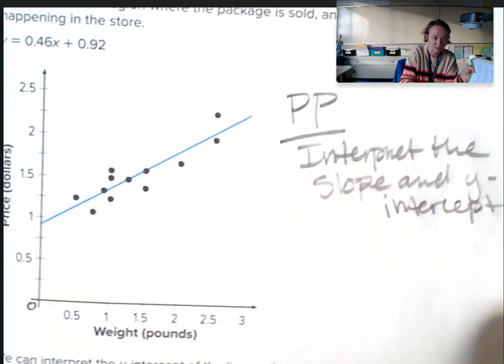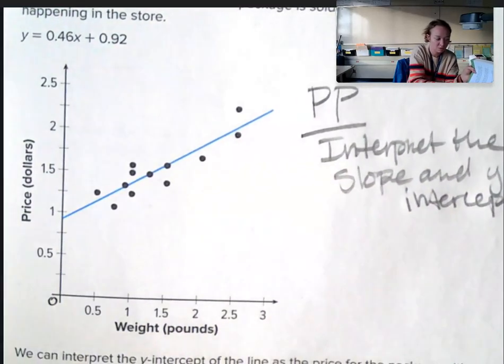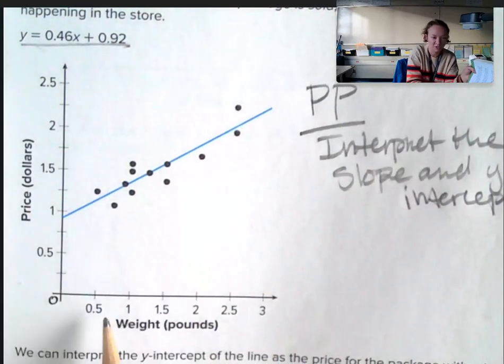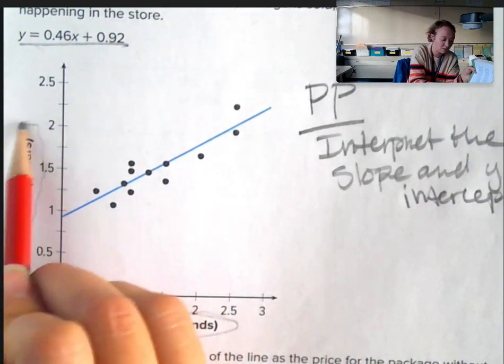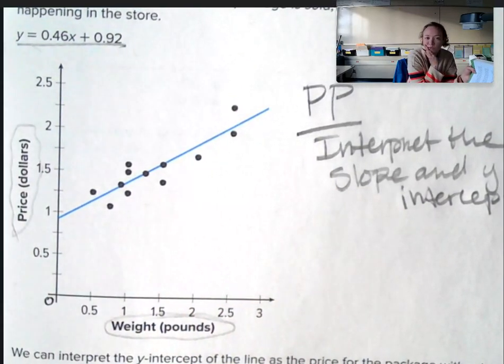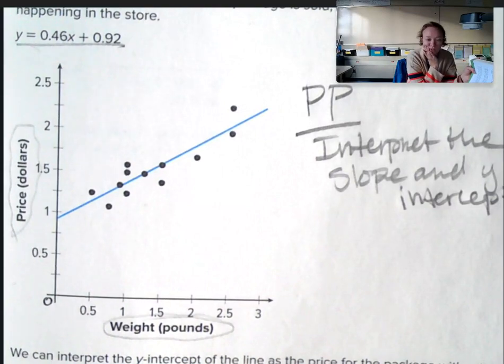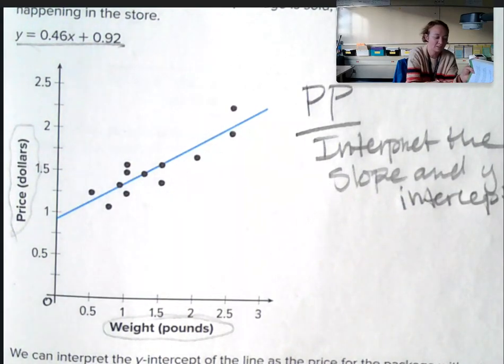So you've been given an equation right here. You've been given a graph. You've been told that we're talking about the weight of something and the price of something. If you want to make up what we're weighing, you can, or you can just say it in general. So interpret the slope and y-intercept, please, given the numbers and the equation. Good luck.